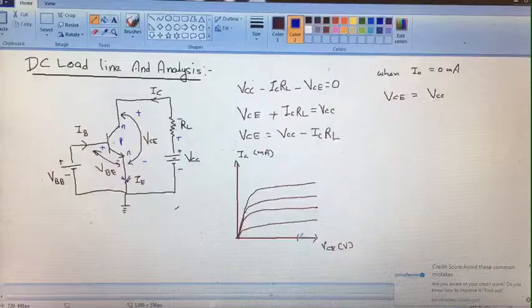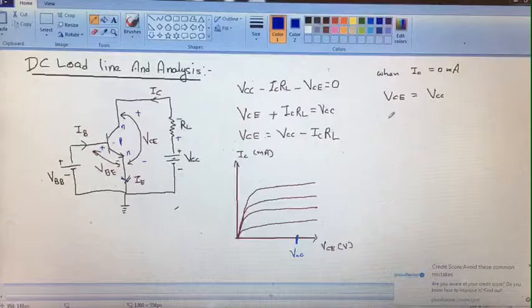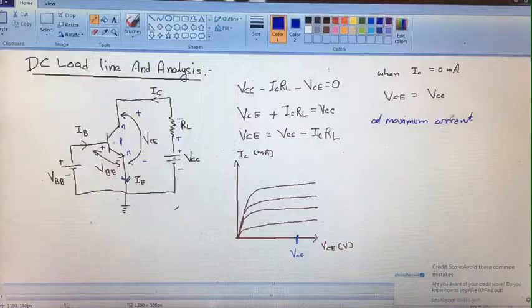This is our VCC, and at maximum current, the base emitter will act as a short circuit.